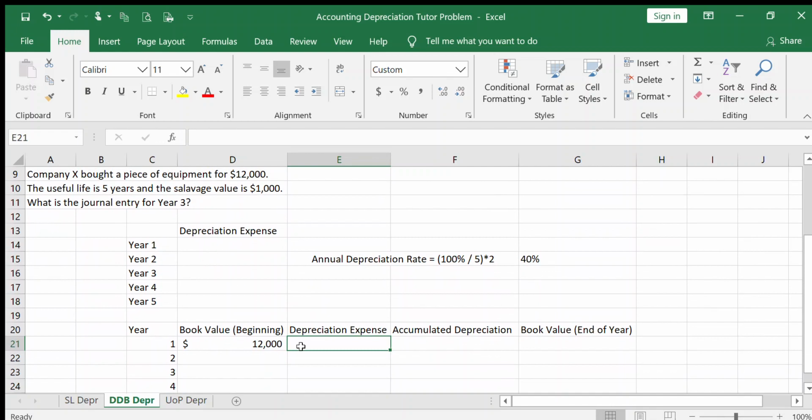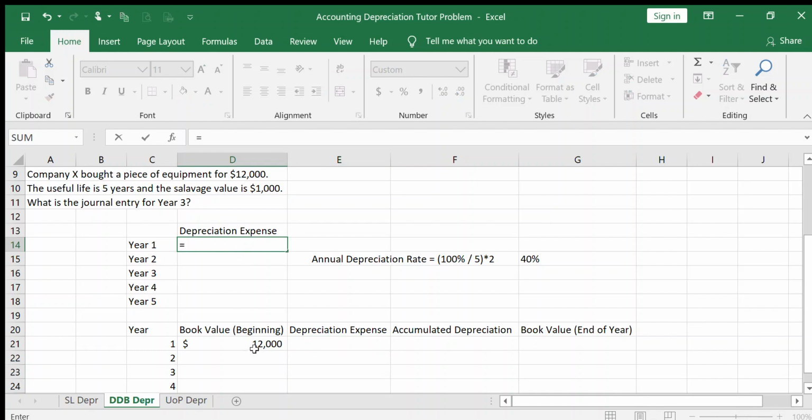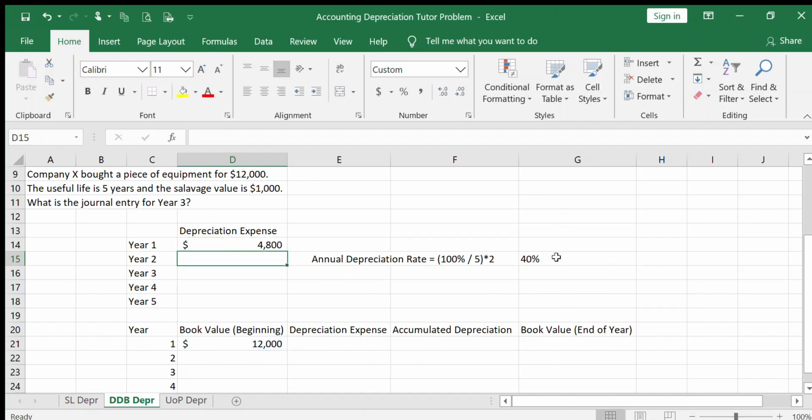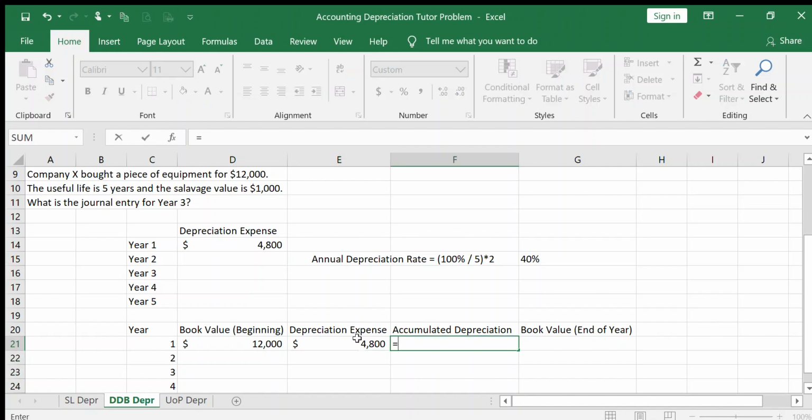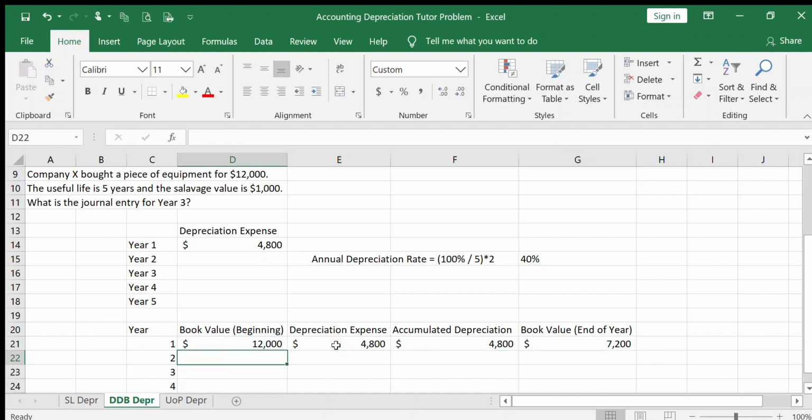Our depreciation expense is 12,000 times our 40%, which gives us 4,800, and we'll slide that in right here. Our accumulated depreciation, since it's only the first year, is simply 4,800, and our book value at the end of the year is 12,000 minus 4,800, which gives us 7,200. That will be our beginning book value for year number 2.